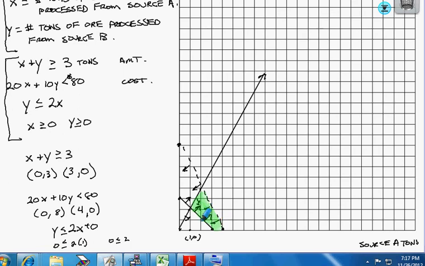It's this area right here. So, after we have identified the feasible region, then we need to establish the vertices. And we're going to do that in our next film.